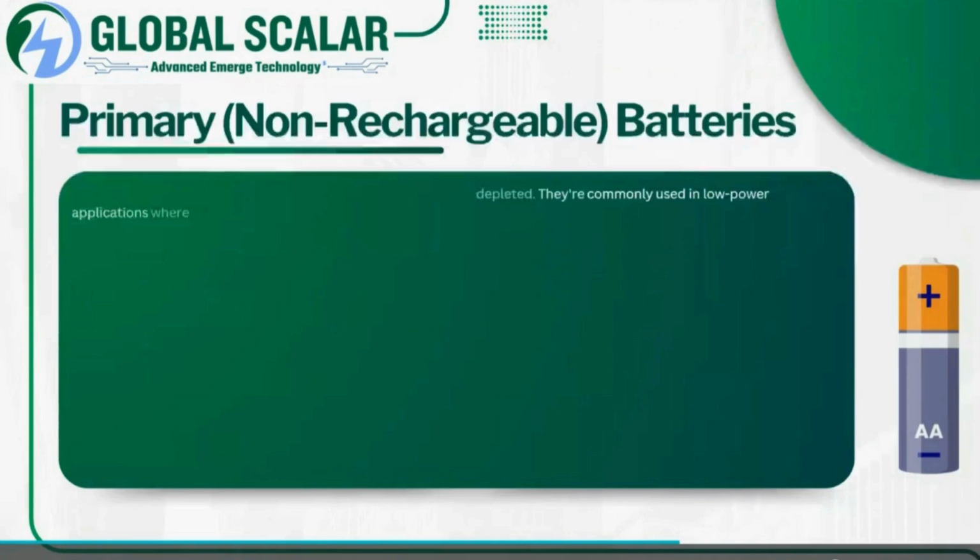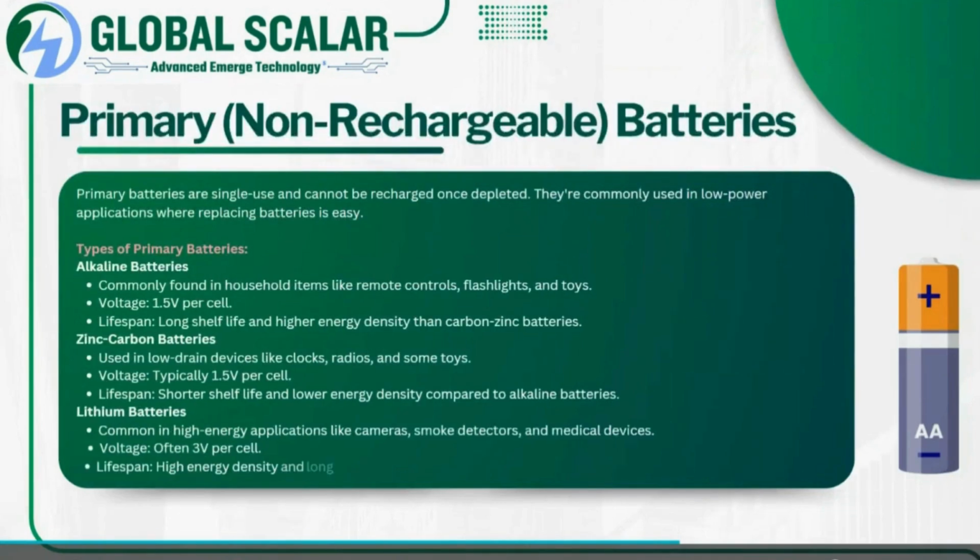The first ones here are the alkaline battery, zinc carbon battery and lithium battery. These are the primary batteries. The alkaline battery's voltage is 1.5 volts, powers one cell, and is commonly used in TV remotes and flashlights. Alkaline and zinc carbon batteries are used for clocks, radios and some toys. They are low drain batteries.